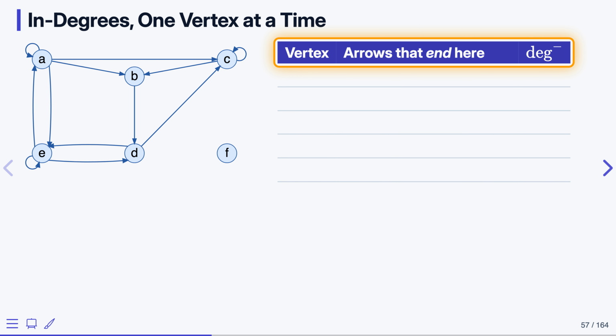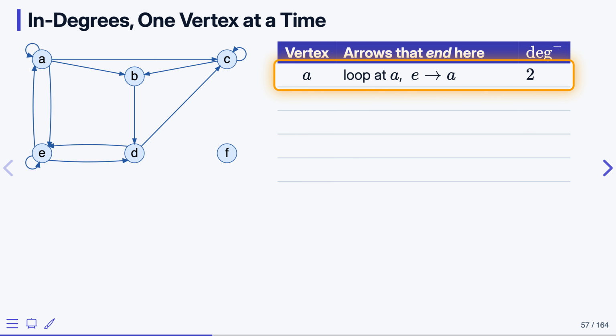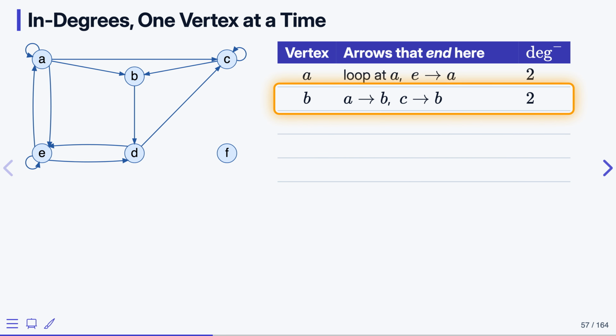Now the in-degrees. For each vertex we look only at arrows whose head lands there. Vertex A, the loop at A ends at A, and the arrow from E ends at A, in-degree 2. Vertex B, 2 arrows land there, 1 from A and 1 from C, in-degree 2.